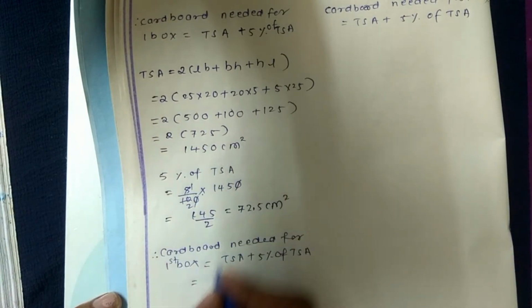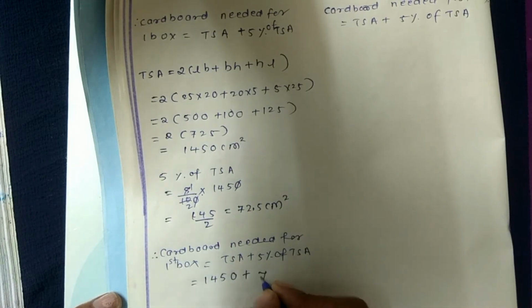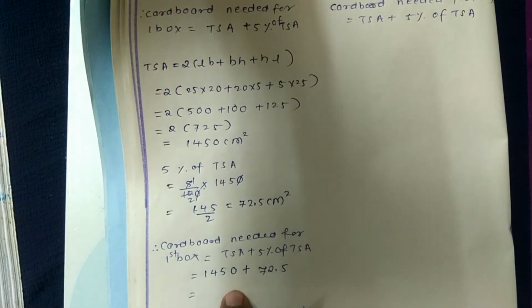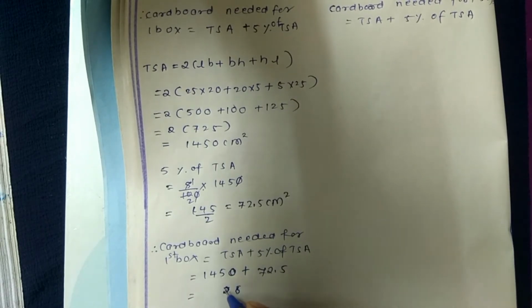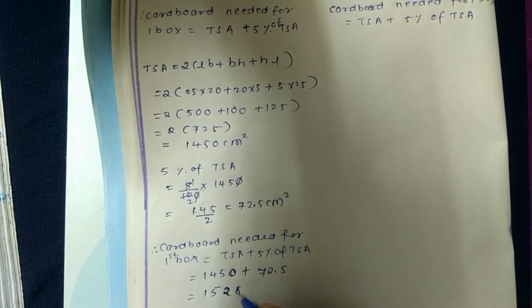So TSA we got as 1450 centimeter square plus 72.5. If we add these two, what will we get here? The final area, this 5 will be as it is. 5 plus 2 is 7. Here we have the 0, so we'll get here 2, and then here we'll get finally 15, and here this 5.